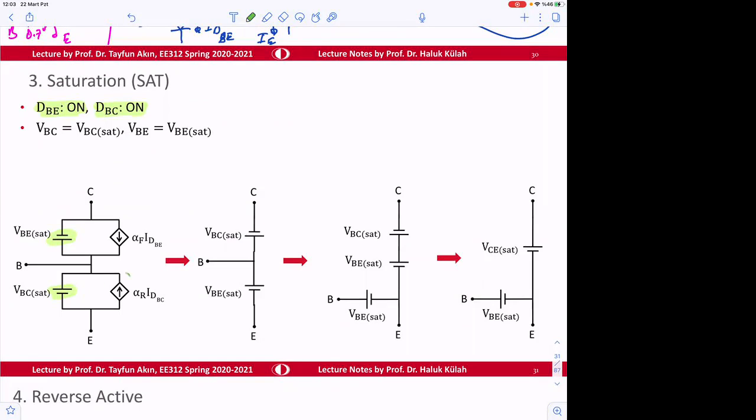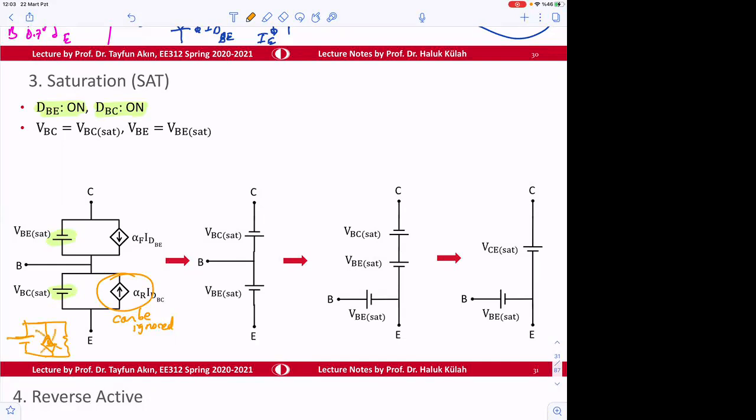This can be ignored, right? Why? Because voltage source parallel with current source and resistor. Voltage source dominates.